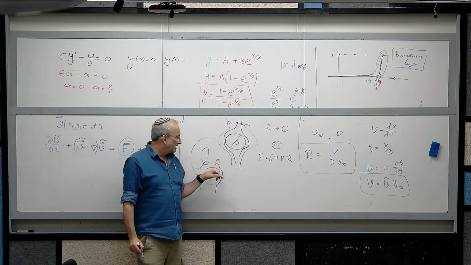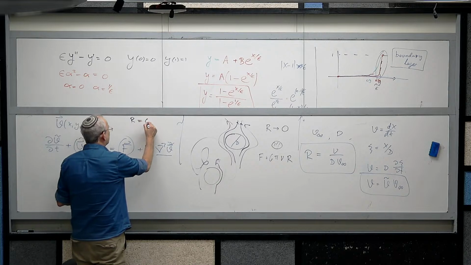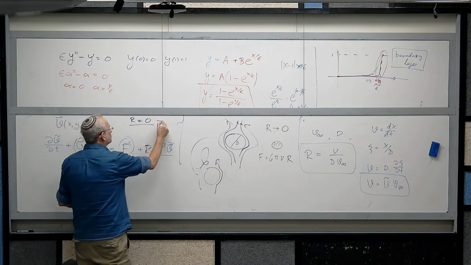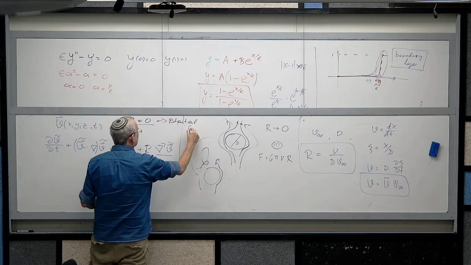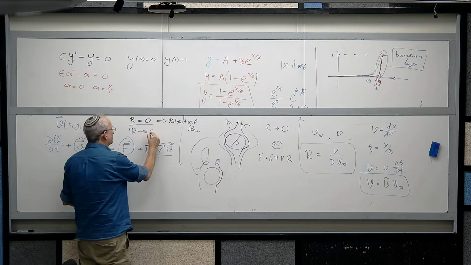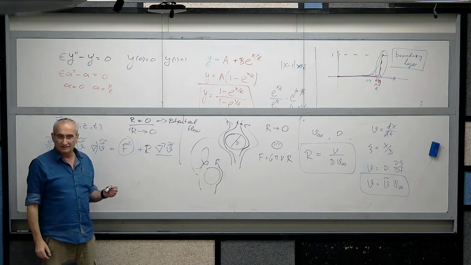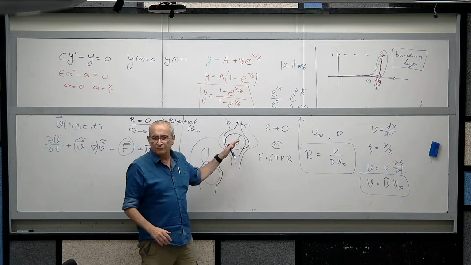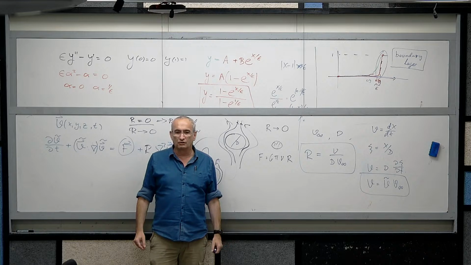The point is that the limit R equals 0, either R or 1 over R, whatever it is, which is a potential flow, is completely different than R going to 0 but finite but small, like in air, right? In one of them, potential flow, you get something that is not Taylor flow but very close, and the other one, you get the worst turbulence you may imagine.